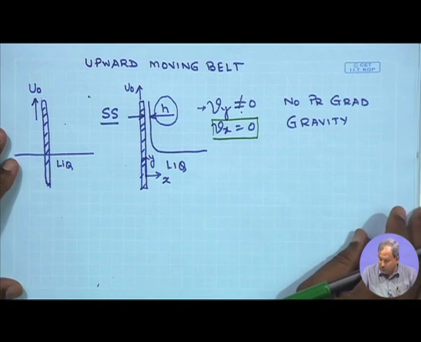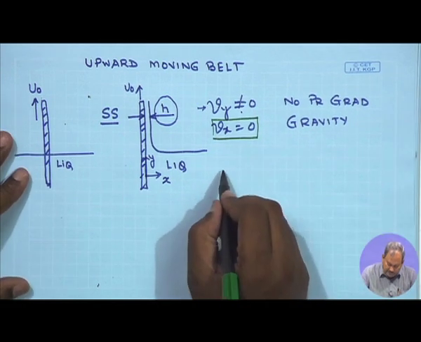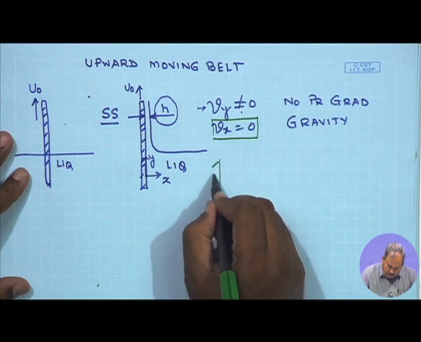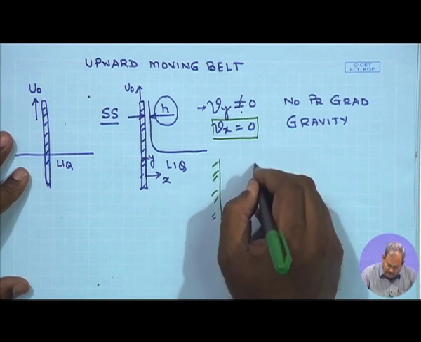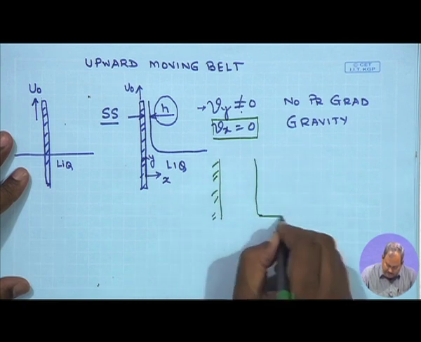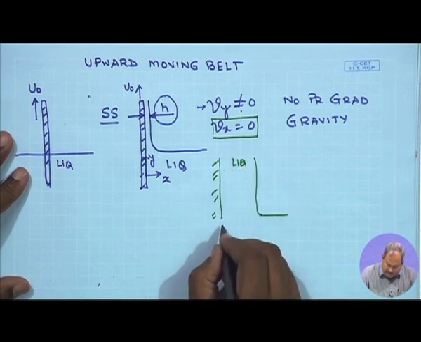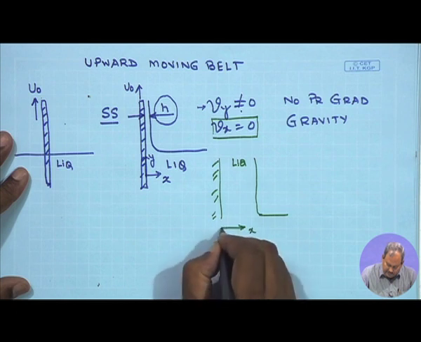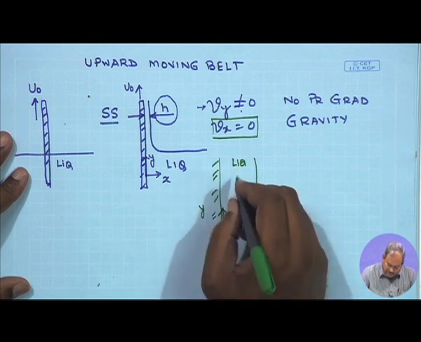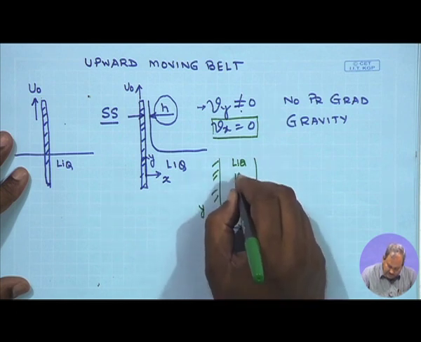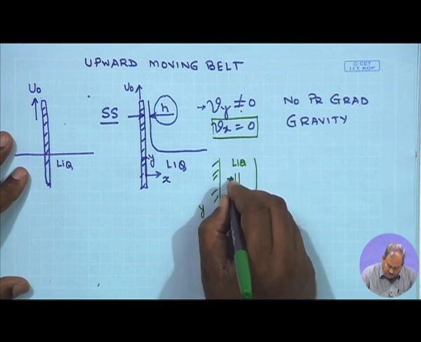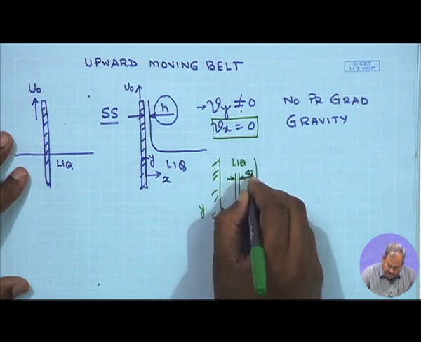So, in order to obtain the shell, if this is my wall and this is the liquid film, and this is x and this is y, then my shell must be something which is of thickness delta x.